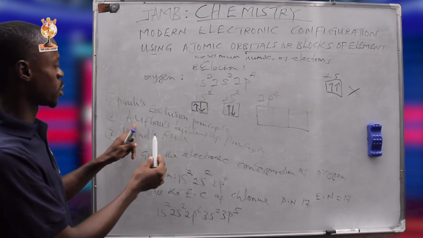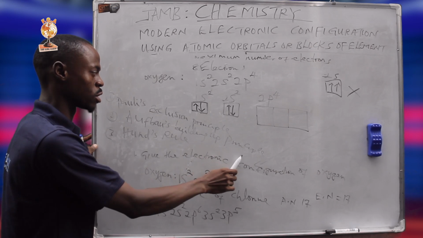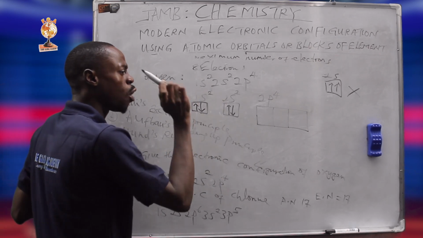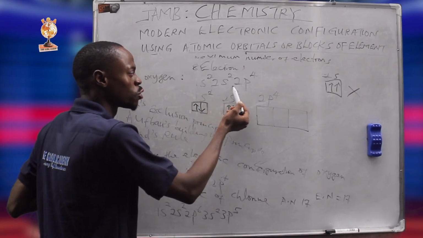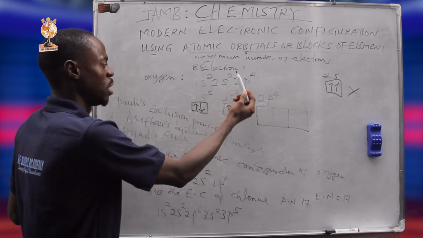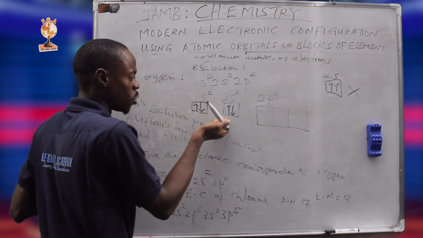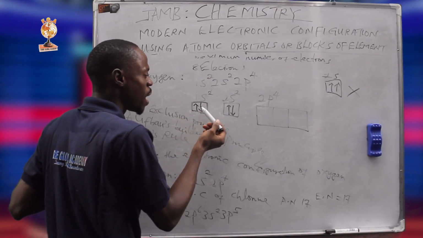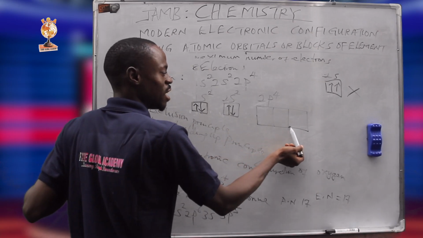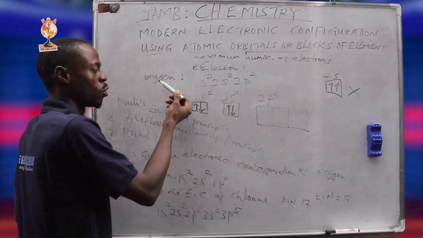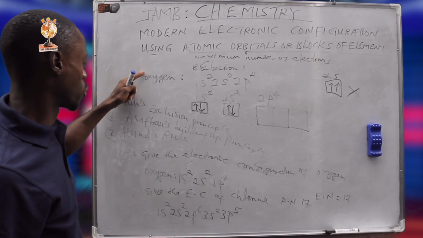That is what Aufbau's building up principle is all about. So in this progression, we are moving from a state of lower energy level to higher energy level. Of course, this one is the highest energy level for this particular atom of the element oxygen.